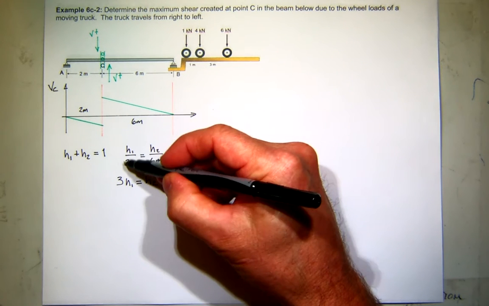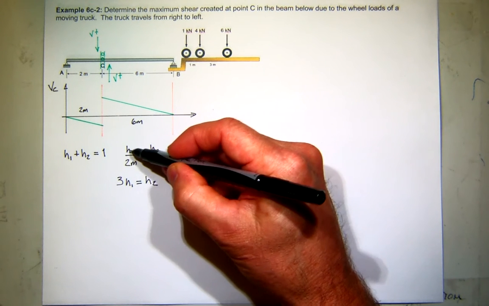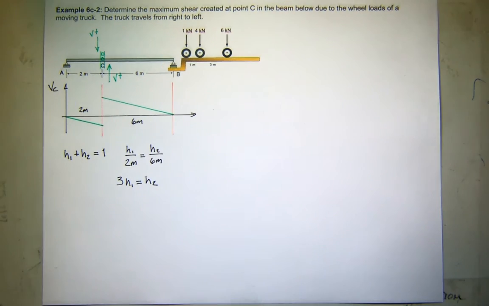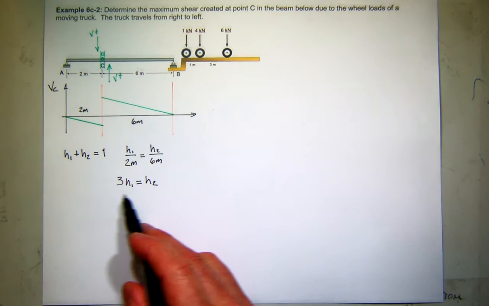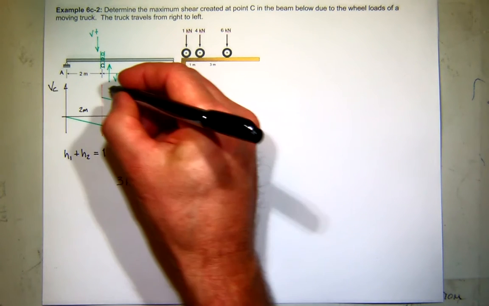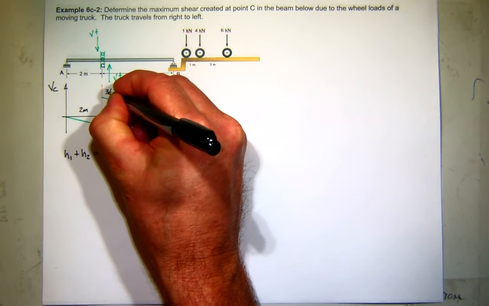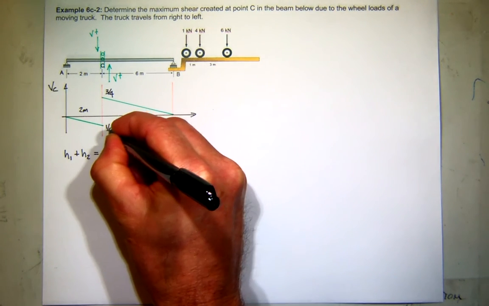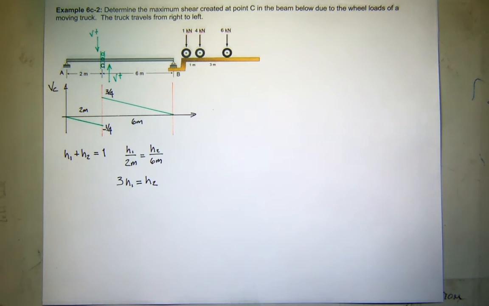If I multiply the top and bottom by 3, I get 3H1 is equal to H2, the 6's cancel. And now I can plug that back in there and solve for it. So when I do, I'll get this is 3/4, and this is 1/4, and of course that one's negative.